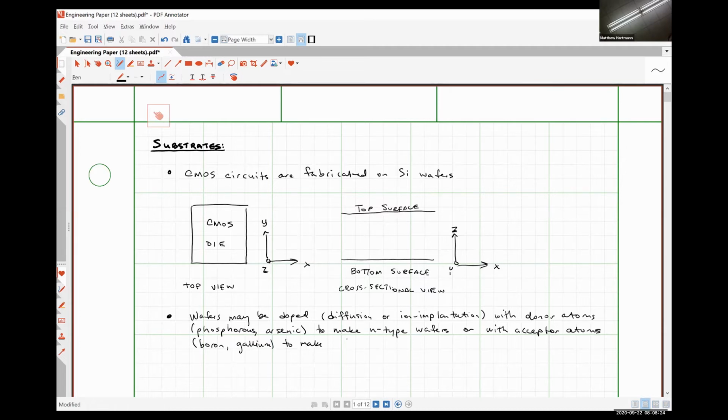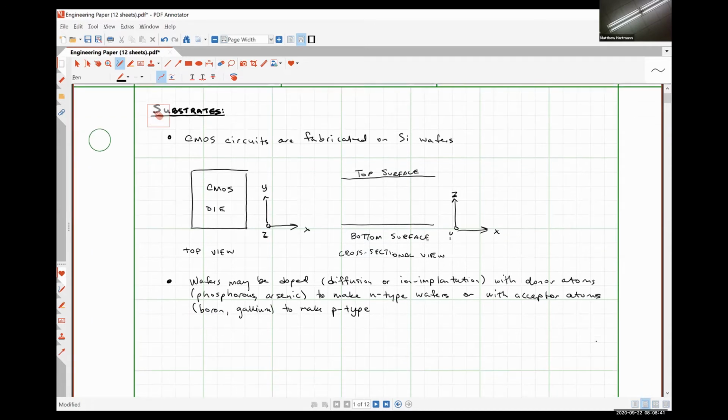Hopefully everybody knows this, but an N-type wafer has an excess of free electrons, and a P-type wafer has an excess of free holes that allow for charge conduction.